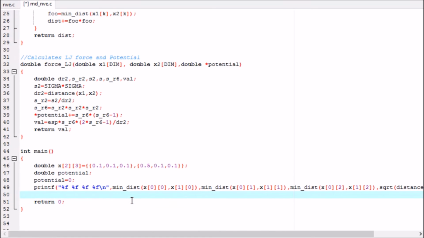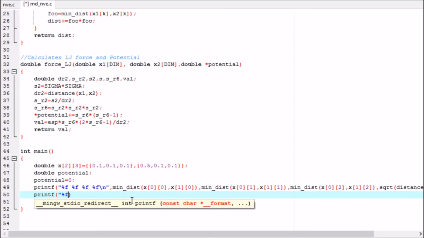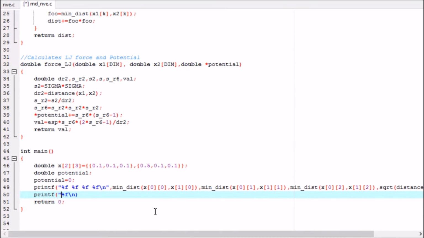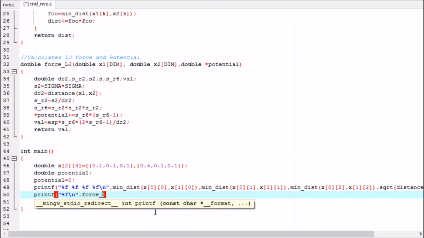So here we would now printf first the force. So we'll do force lj, which would take x of 0 as x coordinate, x1, and x of 1 as x, the variable x2. So we need to pass the pointer of potential as well.